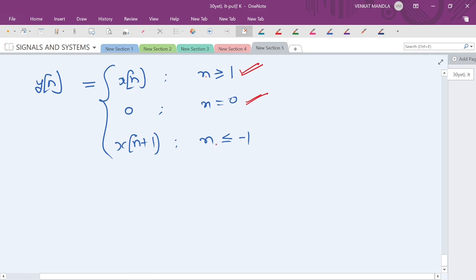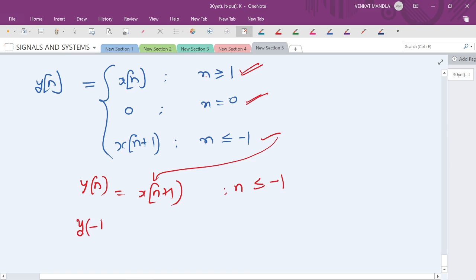For n less than or equal to minus 1, we have to check from minus infinity to minus 1. I am checking this condition here: y[n] equal to x[n plus 1] for n less than or equal to minus 1. Put minus 1 here: y of minus 1 equal to x of minus 1 plus 1, you get x of 0.